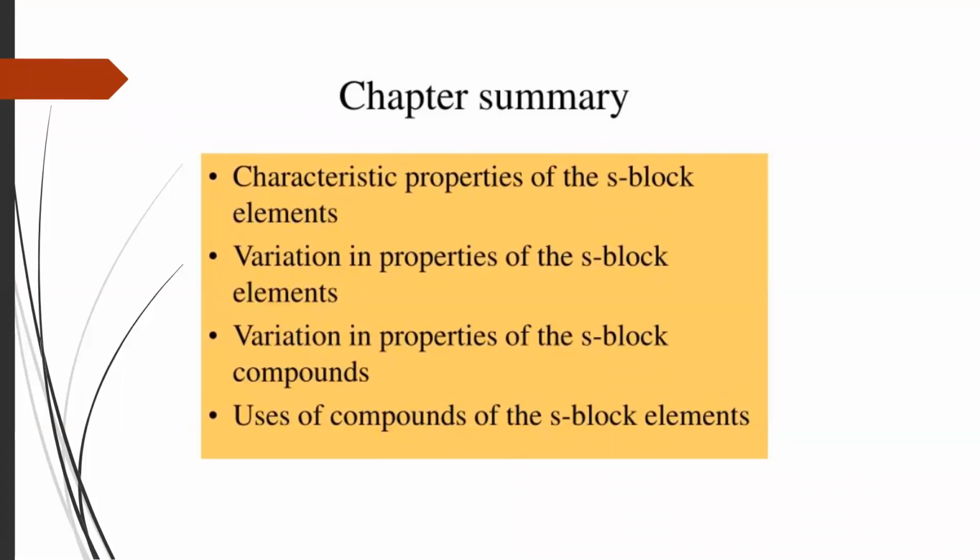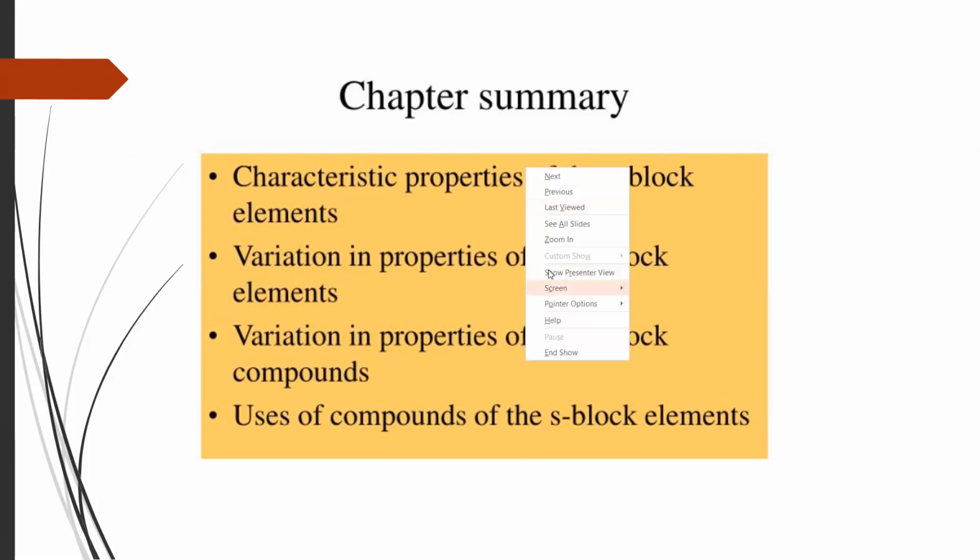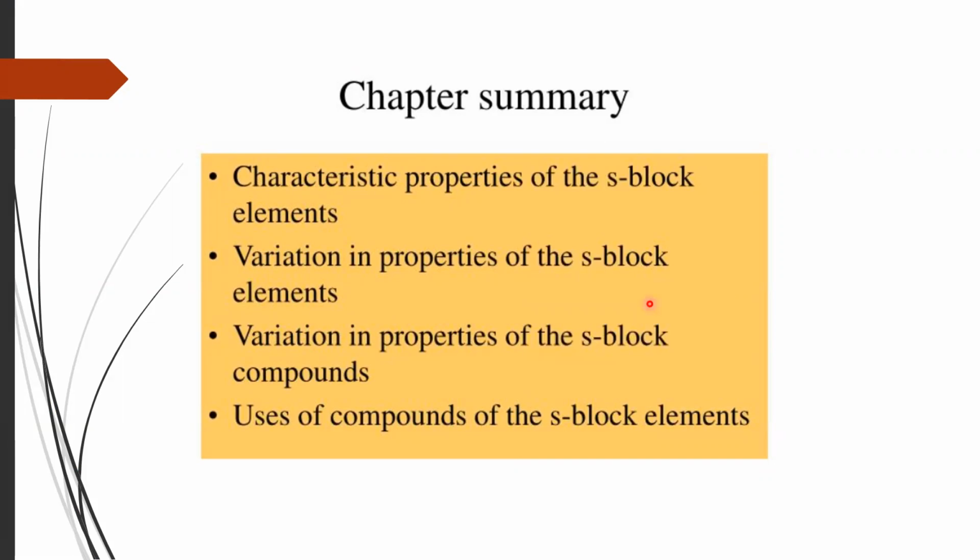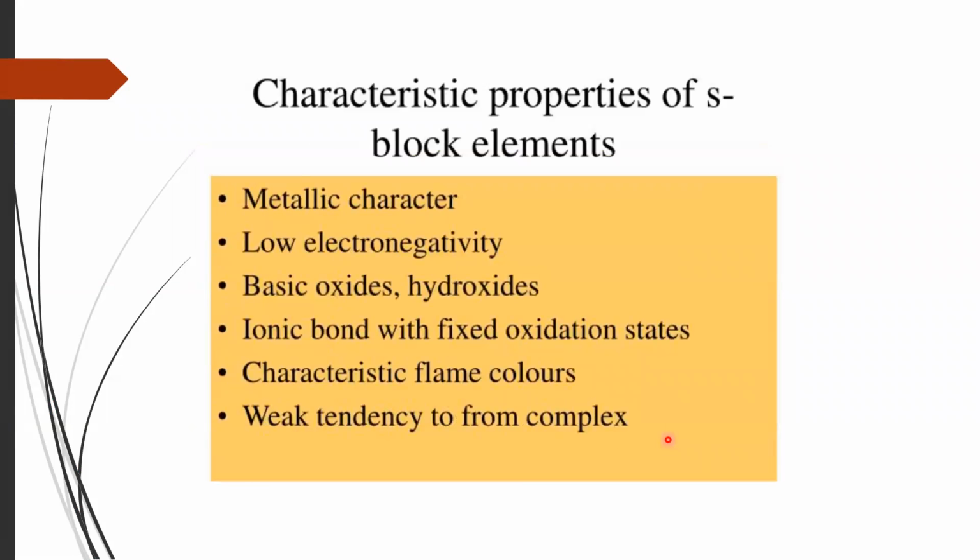In this chapter, we are going to learn about the characteristic properties of the S block elements, variation in properties of the S block elements, variation in properties of the S block compounds, uses of compounds of the S block elements. Let's see one by one.